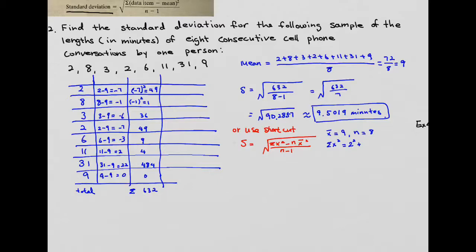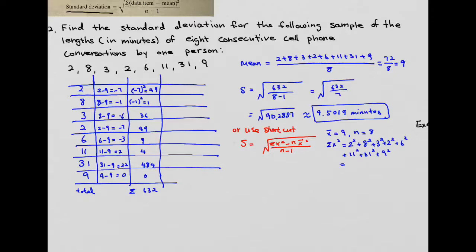So the first data is 2, so you're going to do 2 squared, then the second is going to be 8 squared, and 3 squared plus 2 squared plus 6 squared plus 11 squared plus 31 squared plus 9 squared. And that's going to be the sum of data squared.